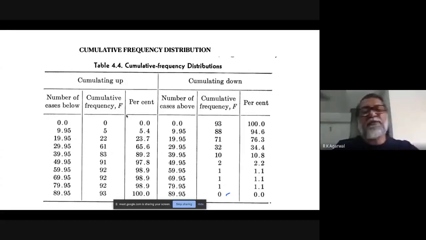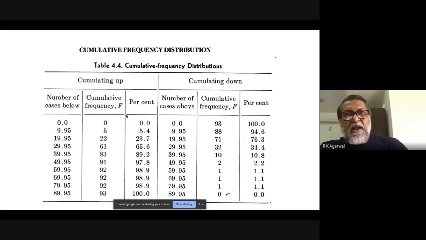What is the difference between cumulating up and cumulating down? When you cumulate up, you start with the lowest class. And when you cumulate it down, you start with the highest class.